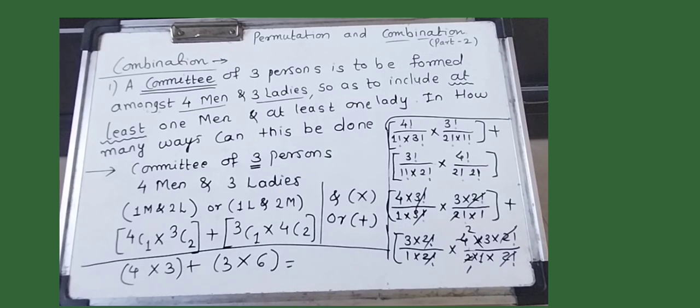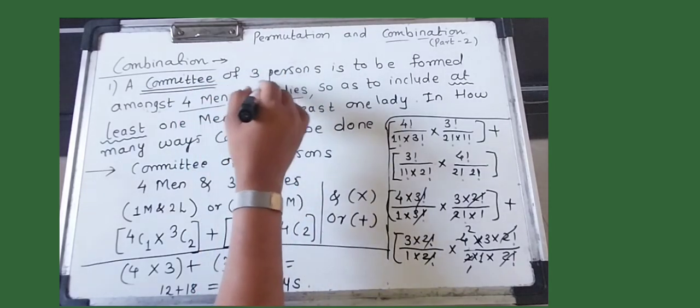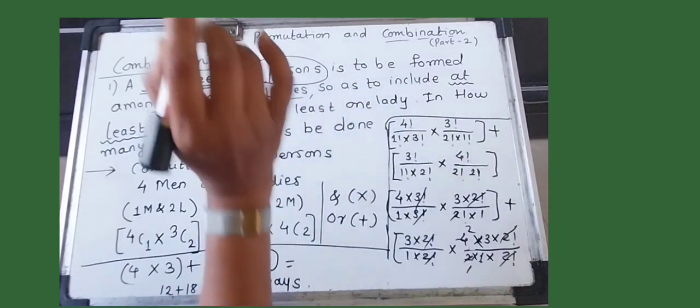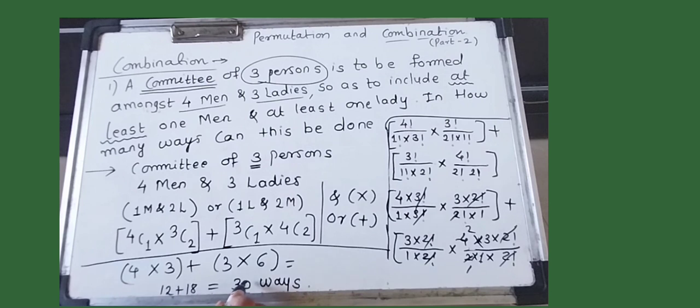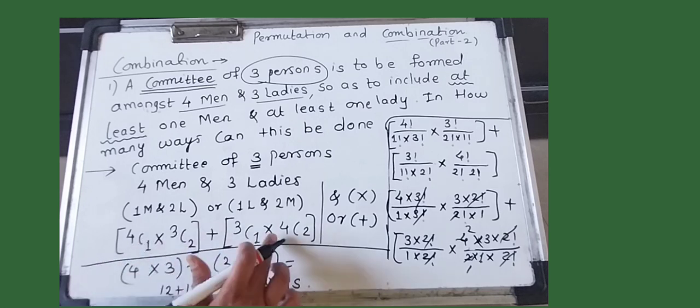So our answer is 4 into 3, it is 12, plus 6 into 3, it is 18, so 18 plus 12 is 30. 30 ways we can form the committee from 4 men and 3 ladies, meaning in the committee there are 3 persons. So it can be formed in 30 ways. Clear? Take a screenshot, solve it carefully.